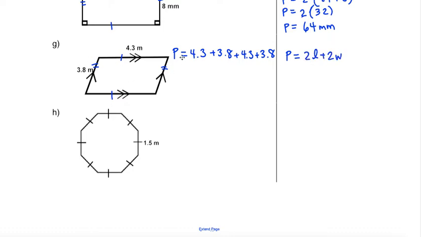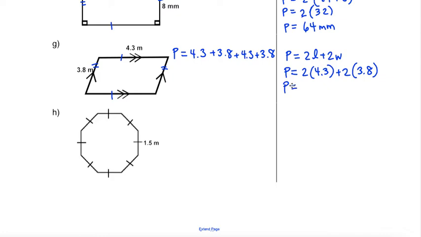So 2 lengths plus 2 widths. So you could either use the formula from the rectangle, or you could use this formula as well. So 2 times my length, so 2 times 4.3, plus 2 times my width, 3.8. It doesn't matter whether you put the 3.8 in for your length or your 4.3 in for your width.